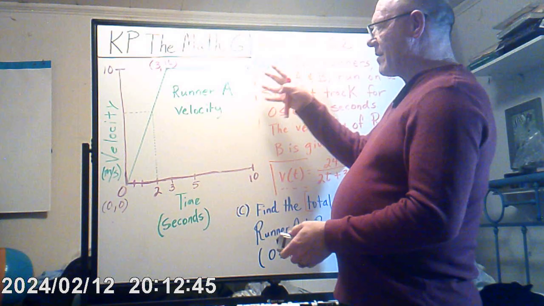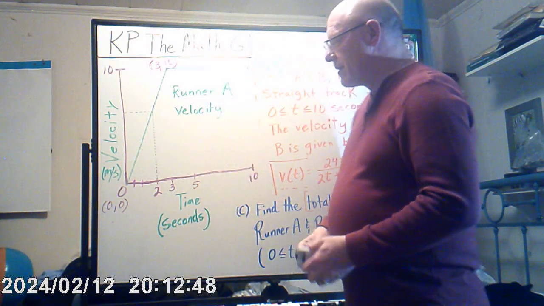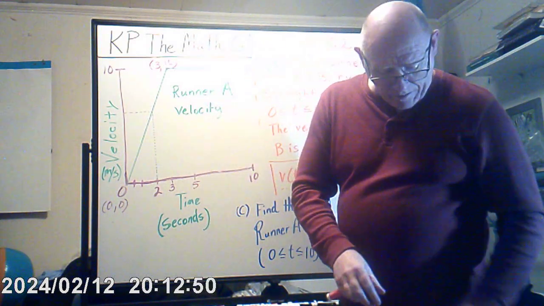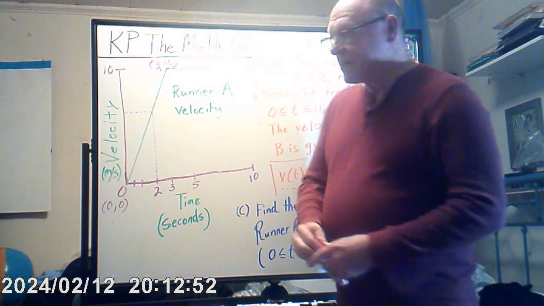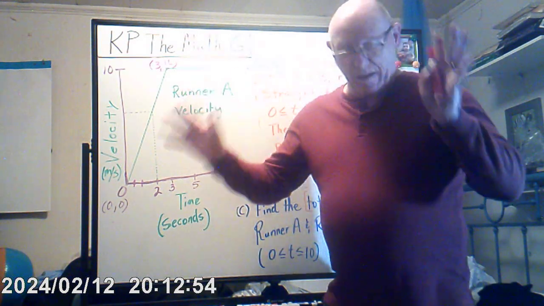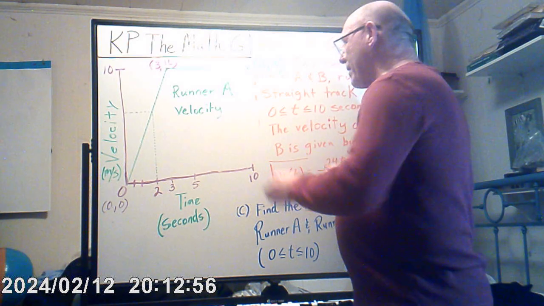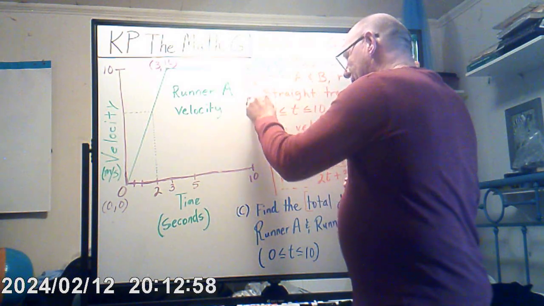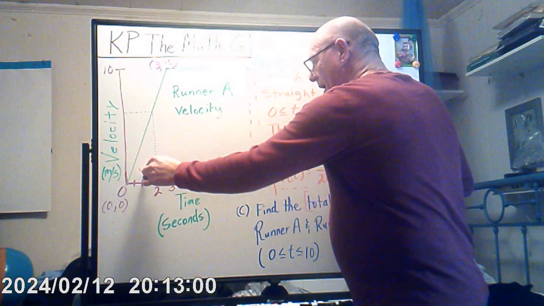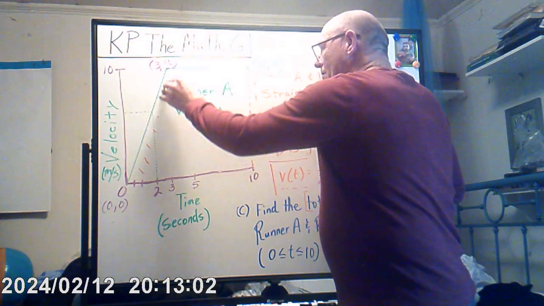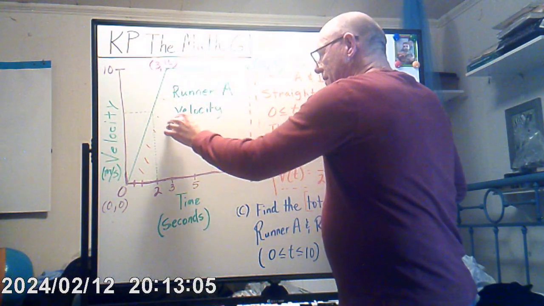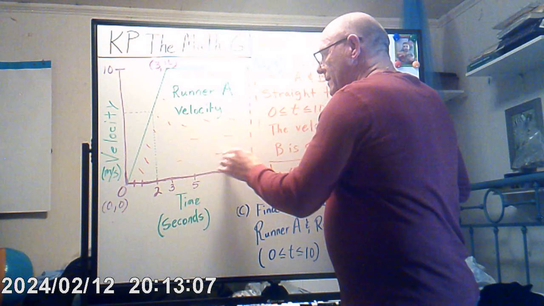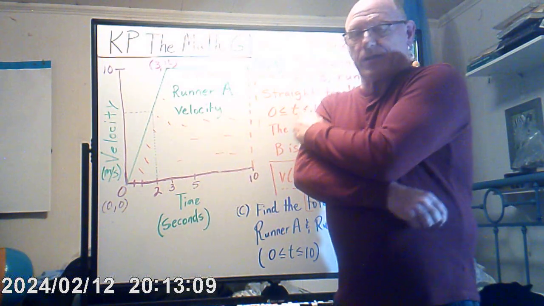Now, when you're talking about a graph here and you want total distance, think of the word area. I want to find the area underneath this. I want this entire area. Now, there are two ways we could do this.